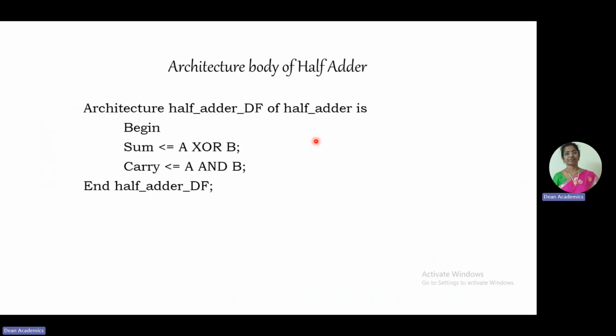So that same name I am using here. Architecture, name of the architecture of this half adder, is, begin. Sum is assigned with A XOR B, and we get carry with A AND B. These are the two Boolean expressions we write in the architecture body, and end architecture, that is half adder in data flow style.